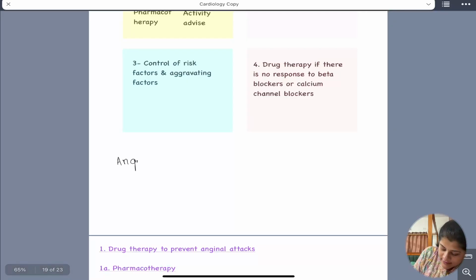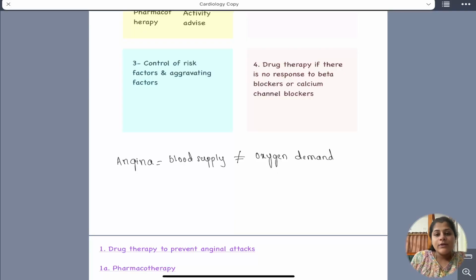There is angina when there is a mismatch between blood supply and oxygen demand. Whenever there is such a mismatch, the patient will have angina. So any medication that is preventing angina should increase blood supply or reduce myocardial oxygen demand.